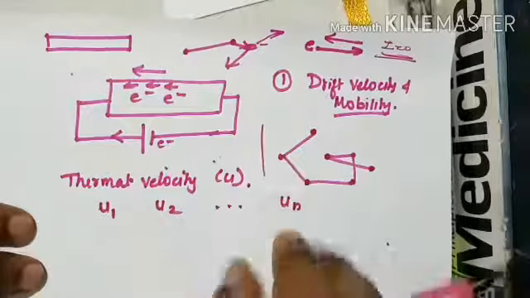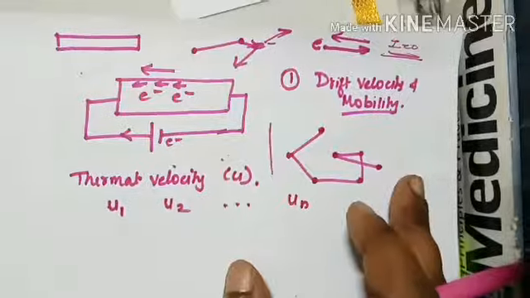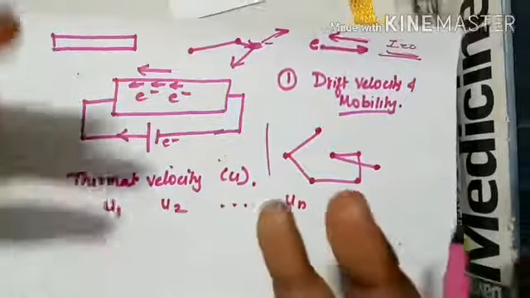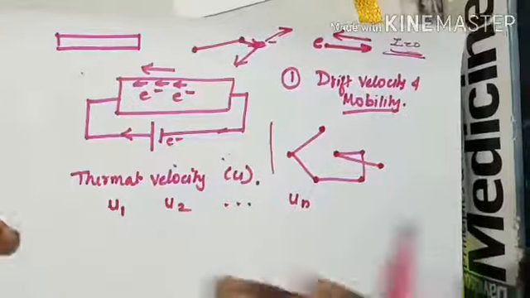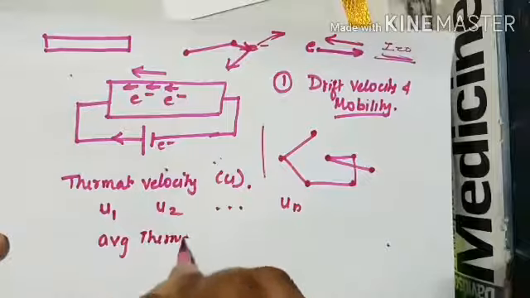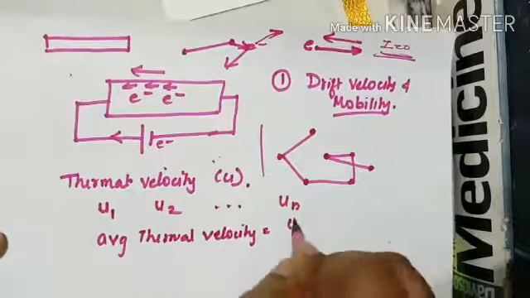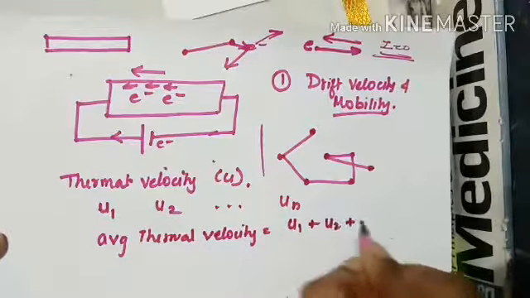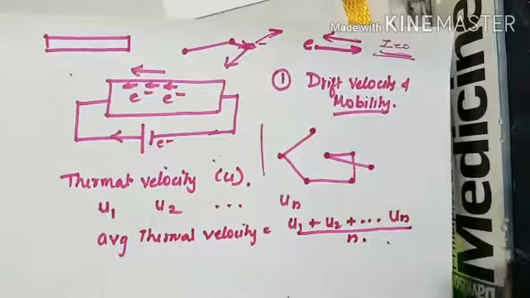So whenever you have the velocity of many particles and you are asked what is the velocity of the conductor, what would you do? You will try to find the average velocity, right? So what is the average thermal velocity? How would you write the equation for the average thermal velocity? It will be u1 plus u2 and so on till un, divided by n.